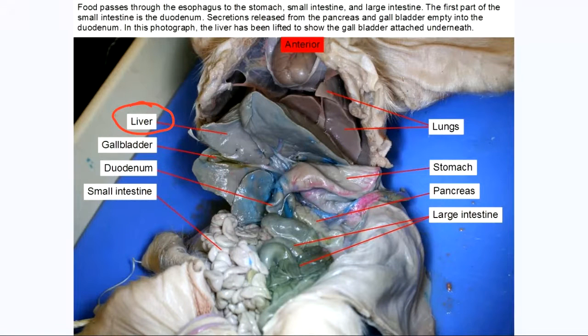So if you eat fatty foods, the liver is signaled to produce bile, and bile gets into your digestive system. And by emulsify, I mean it separates, it starts to digest the fat. It separates the fats so that the fats become smaller particles and much easier for the body to digest.